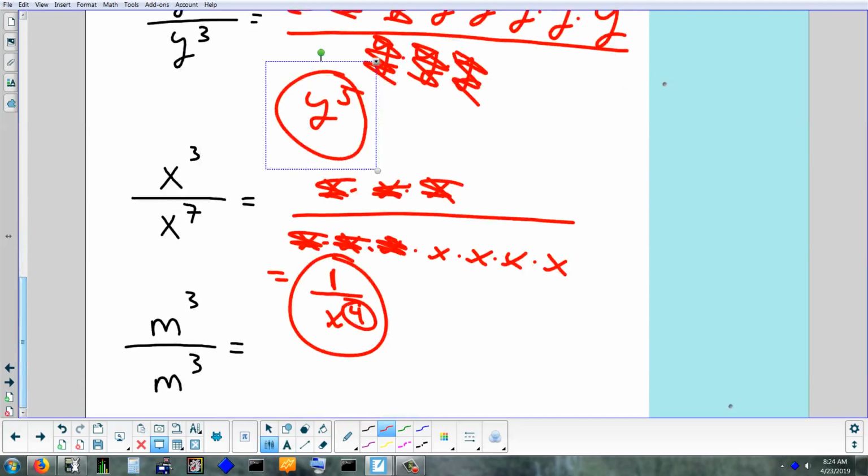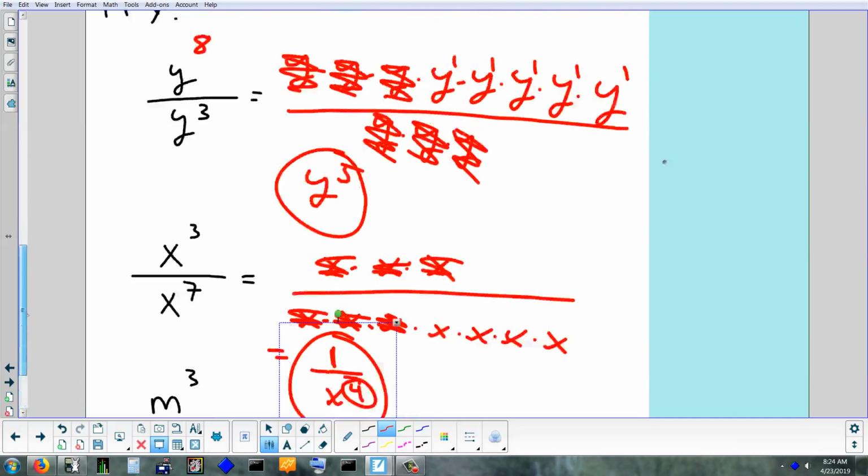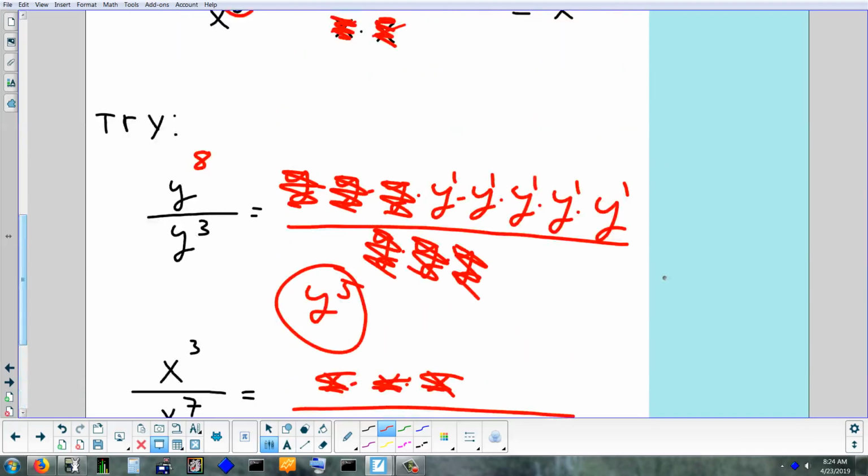We just have to figure out, should it go in the top or should it go in the bottom, right? When you had more x's in the bottom to start, your answer ended up in the bottom. When you had more x's to start in the top, your answer ended up in the top. That's the pattern. Wherever you have more x's or y's or whatever, that's where the answer goes. So if you have more in the top, the answer's in the top. More in the bottom, the answer's in the bottom.